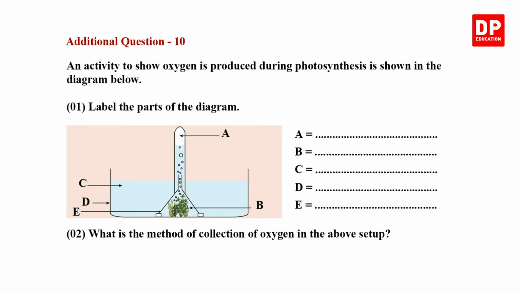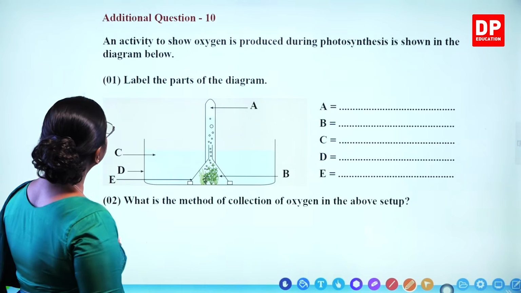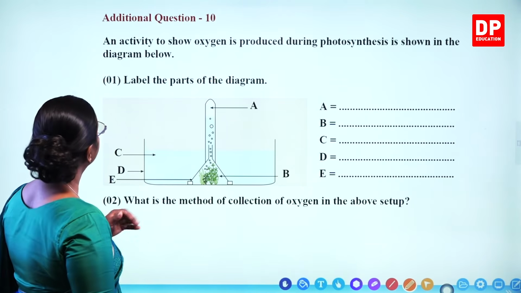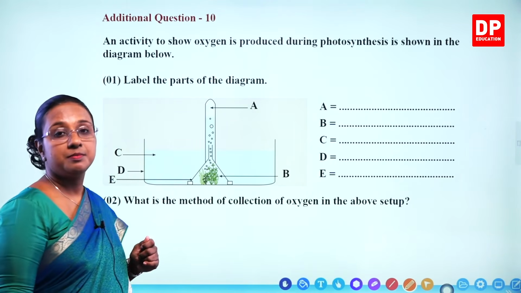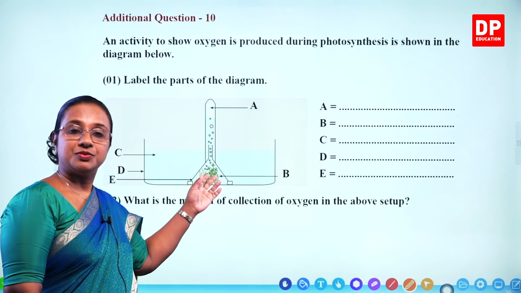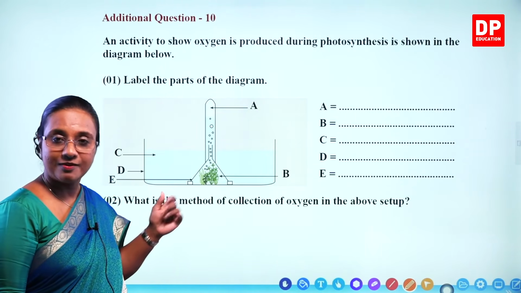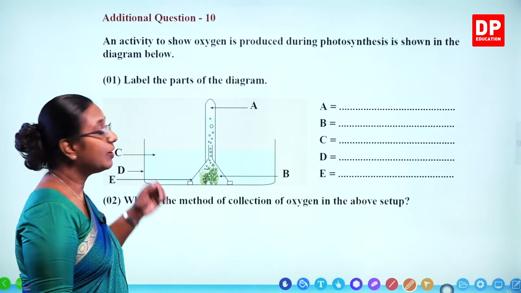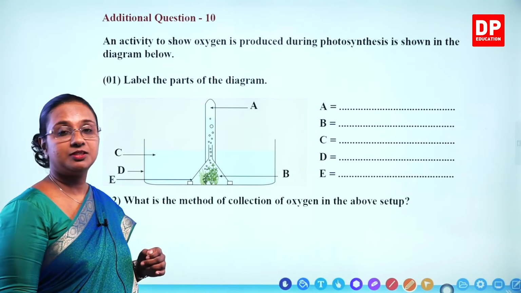Additional question 10. An activity to show oxygen is produced during photosynthesis is shown in the diagram below. Label the parts of the diagram. You know this activity, you have observed it being carried out in the lab and you have answered questions related to this.